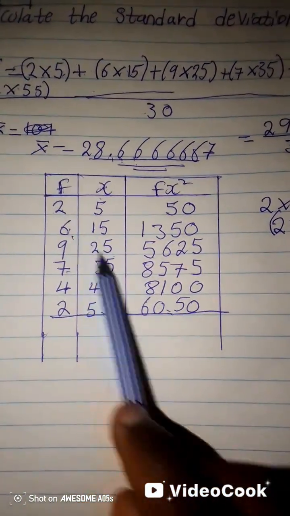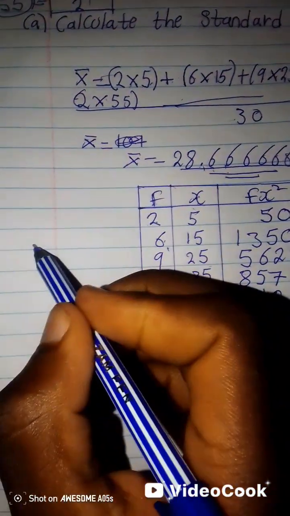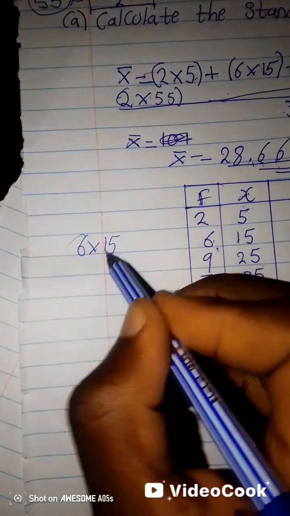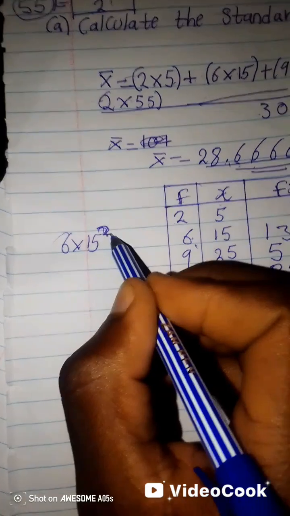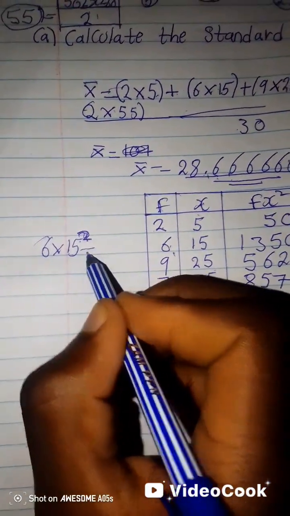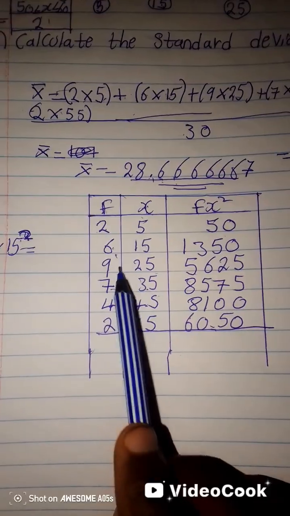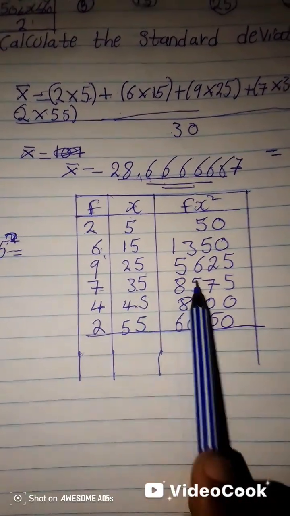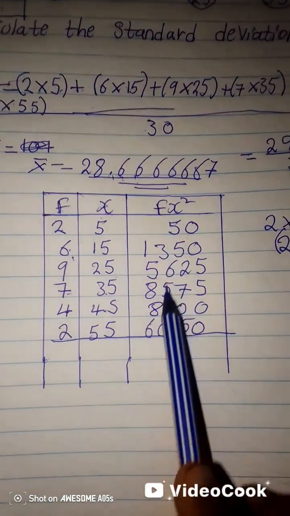Do not get confused here. I'm doing it like this: 6 multiplied by 15 squared. Just the square of the midpoint, which is 15, you are getting these numbers I'm finding. Same on this one, 9 times 25 squared. After finding this column, now you add.